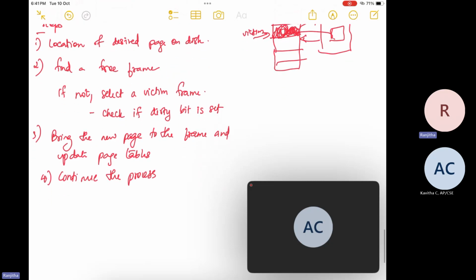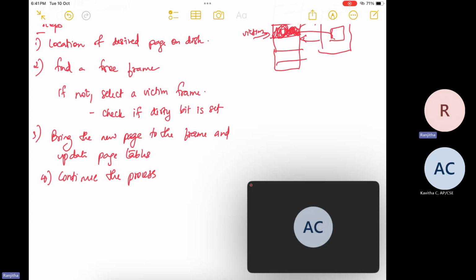Okay. So in general, each process will be given a certain number of frames, and there is something called a frame allocation algorithm. The frame allocation algorithm determines how many frames to be given to a particular process, and page replacement algorithms identify the victim frame, with the intention that the page fault rate would remain minimum.